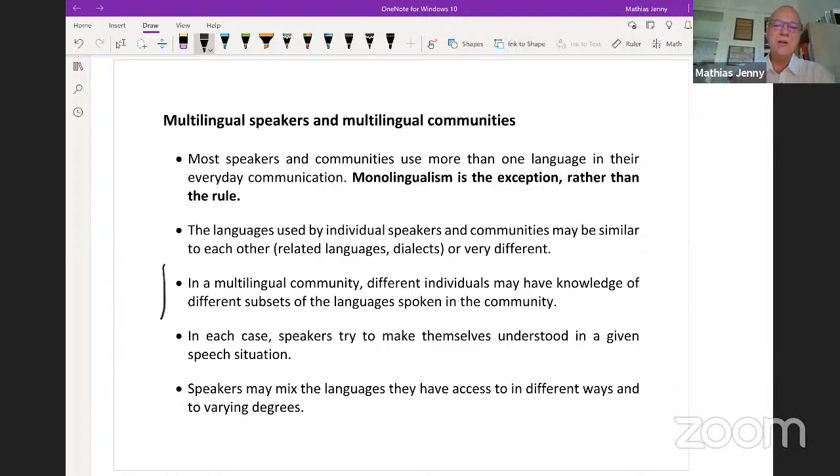Some individuals may speak only English, others only German. Some may speak English and French, some may speak French and German. But still the whole community is seen as a multilingual community. But anyway, if speakers meet in this community, they will always try to make themselves understood. So they will always try to speak the language that the hearer understands as well.